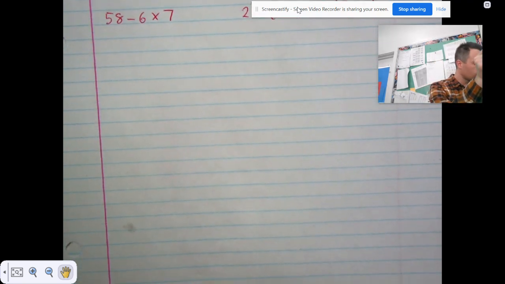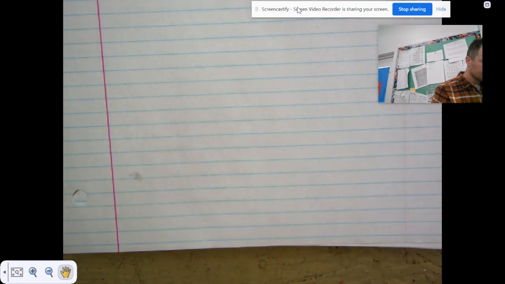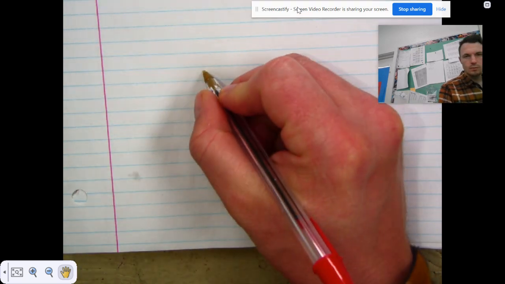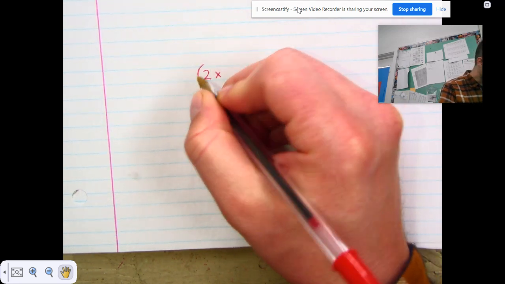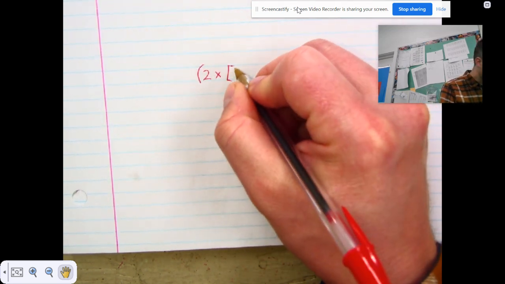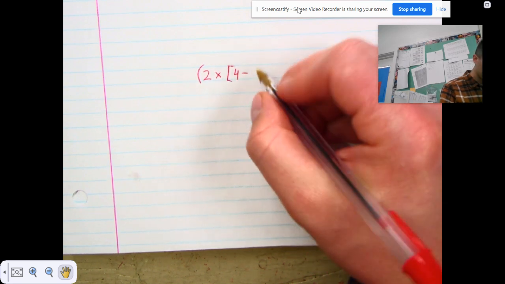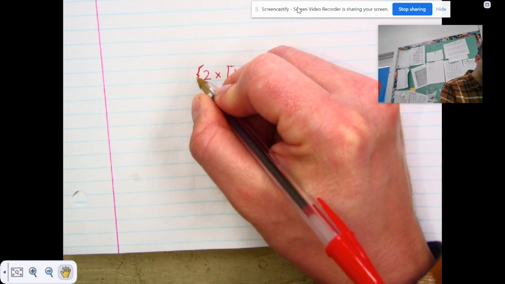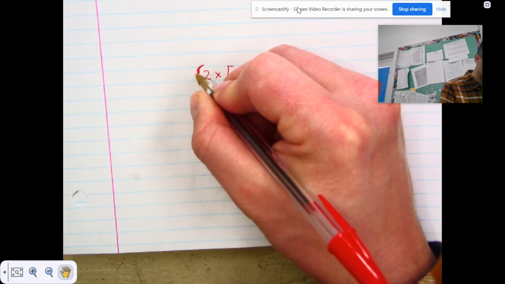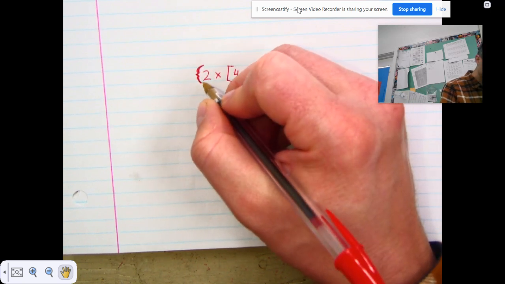And now I want you also to do this one. Do 2 times, that's in parentheses, 4 minus, oh wait, this is supposed to be braces.